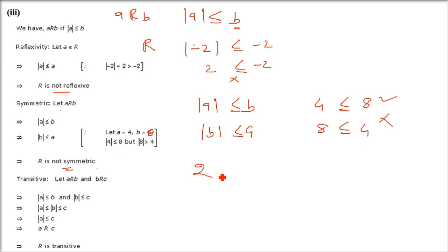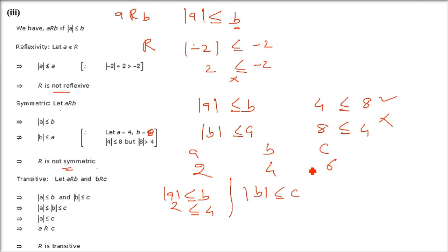Now coming to transitive. I'm taking 2, 4, 6, just random numbers. Mod A is less than or equal to B: 2 is less than or equal to 4. That is correct. Now B is less than or equal to C: 4 is less than or equal to 6. Yes, this is absolutely correct.